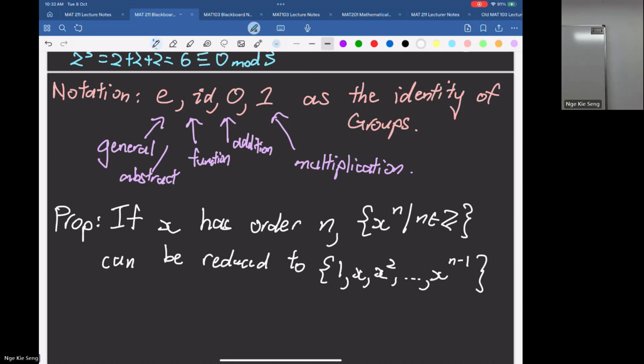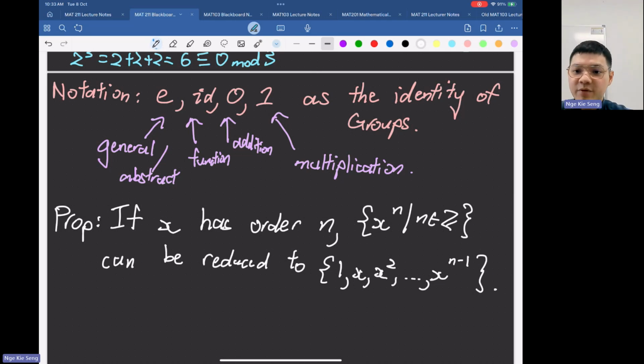We need to prove, we need to tell you why it reduces to this finite set here. So what's the cardinality of this set? Let's count. And if the cardinality of this set matches up with the order, there's a good reason for that. We'll see the proofs.